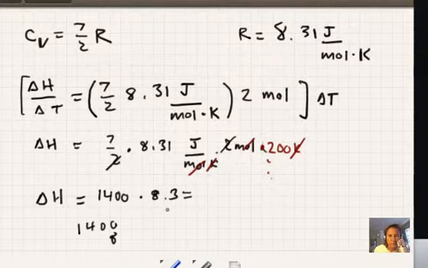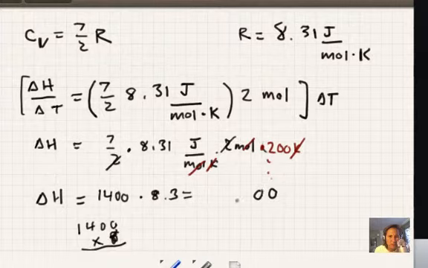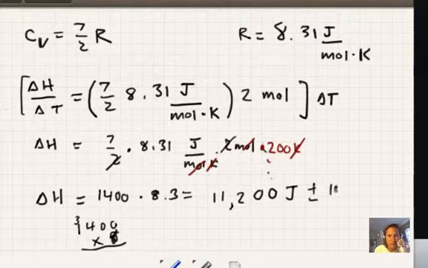Should I limit the 0.3? That's within 10% of Pete's number. So I'm going to say 8 times 0, 0, 0. 8 times 4 is 32. Carry the 3. 3, 8, 11. Roughly 11,200 joules. And this is plus or minus 10%.